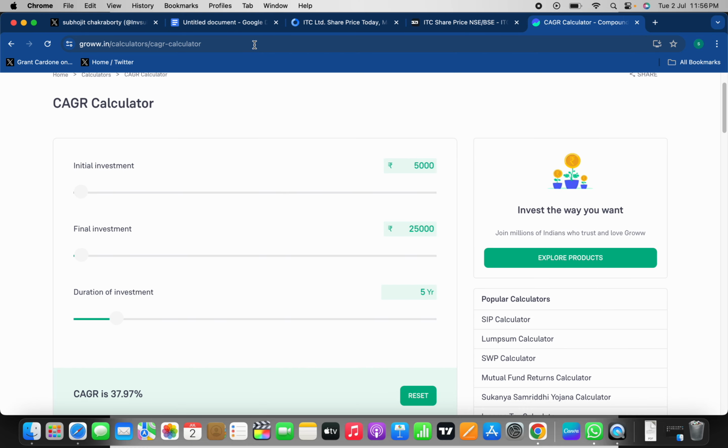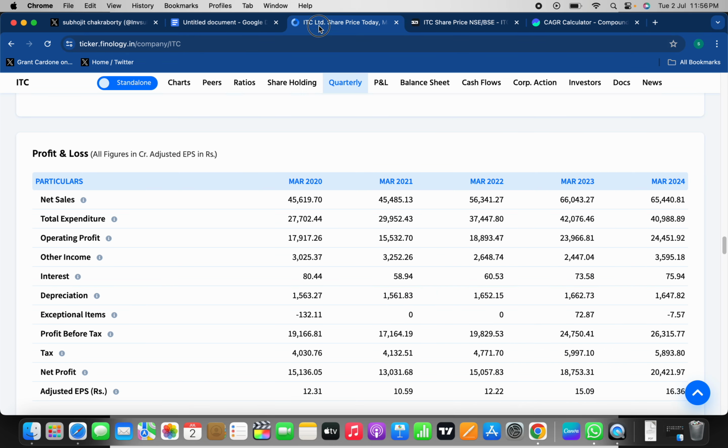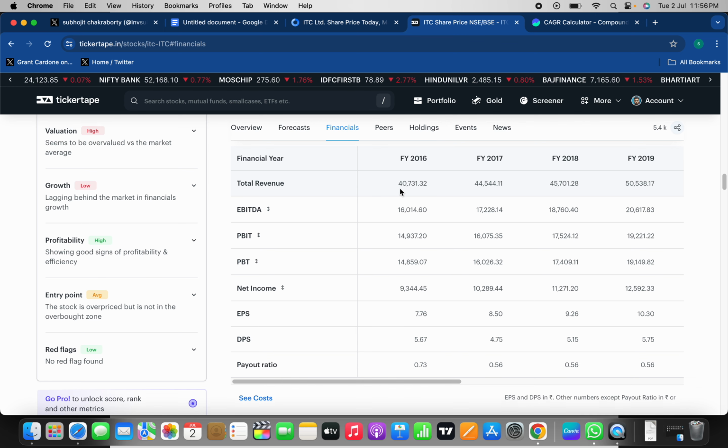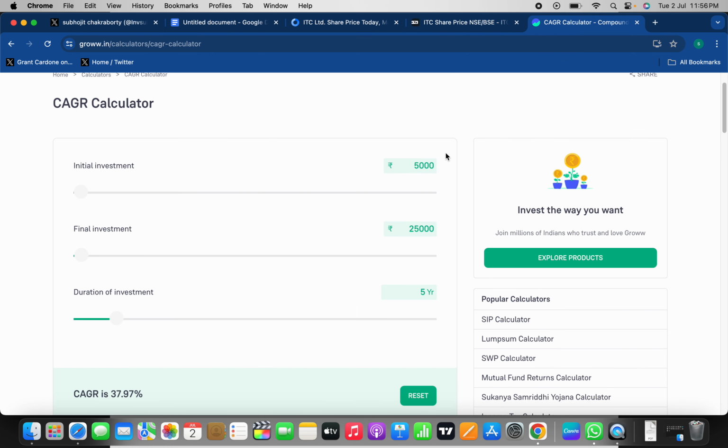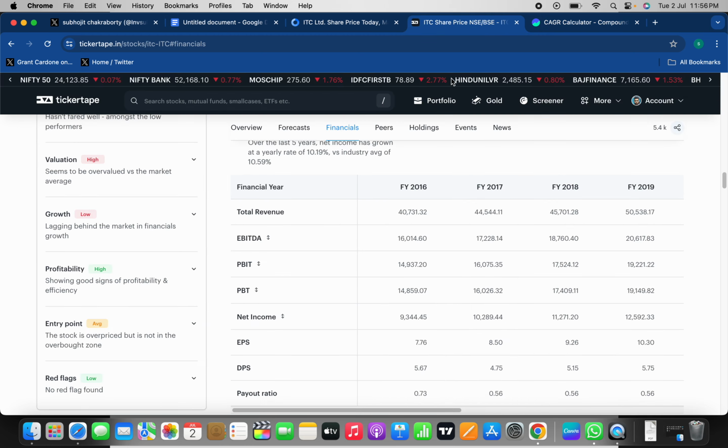What you have to understand here is the revenue of ITC in 2016 is something around 40,731. Let's write it down, 40,731. Correct? Out here it's written 40,731.